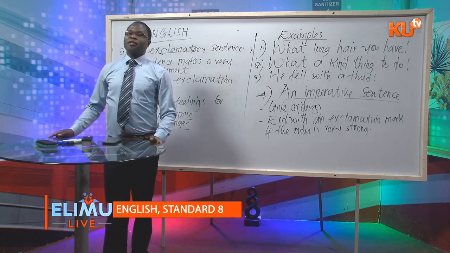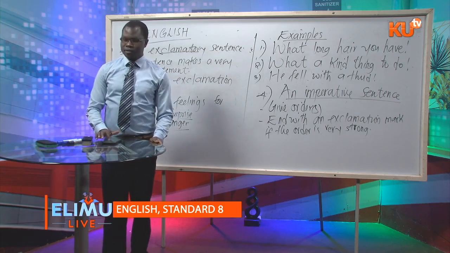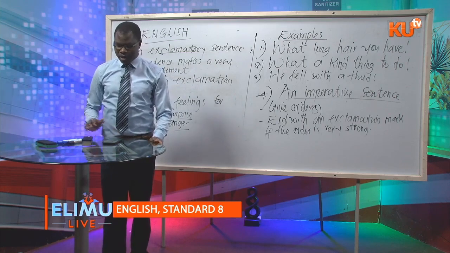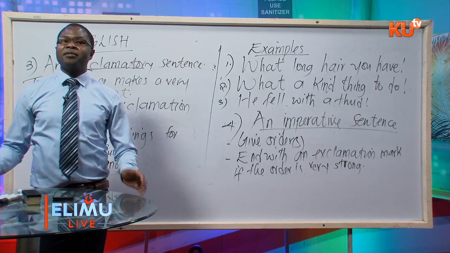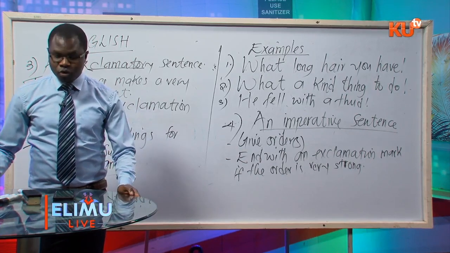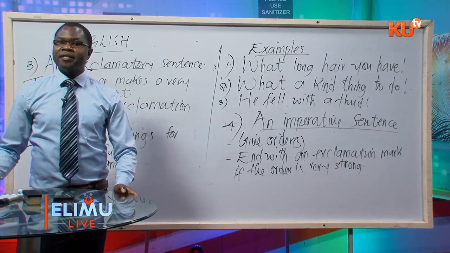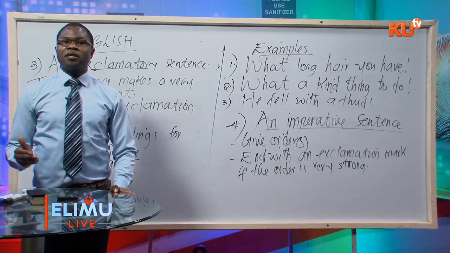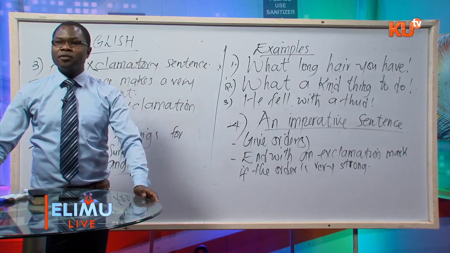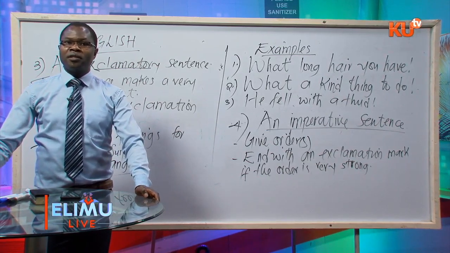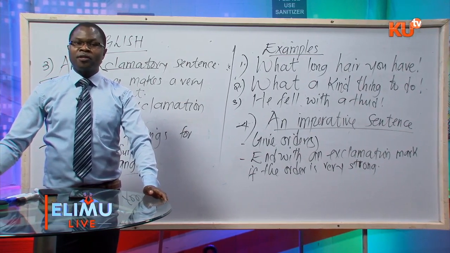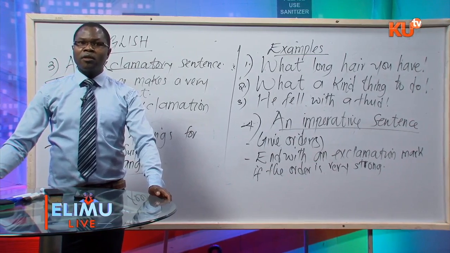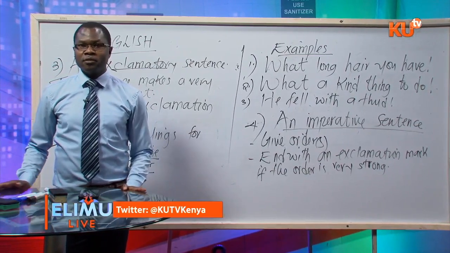So having looked at the 4 types of sentences, I have spoken about a declarative sentence. These are sentences that make statements. Then we looked at interrogative sentences. They are the ones that are used to ask questions. Then we looked at exclamatory sentences. They are used to express emotions, either of anger or surprise.